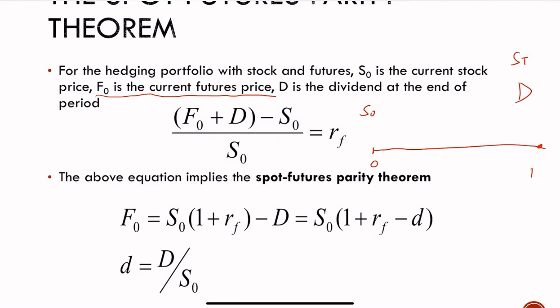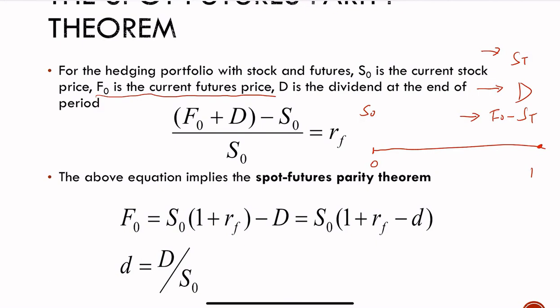Well, your futures payoff is F0 minus ST. So again, you can see that we have these 3 components. ST is the payoff at the end of the period of your equity position, and D is the dividend you will always receive, and F0 minus ST is the futures position's profit.